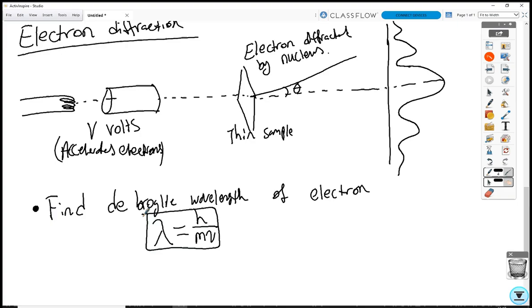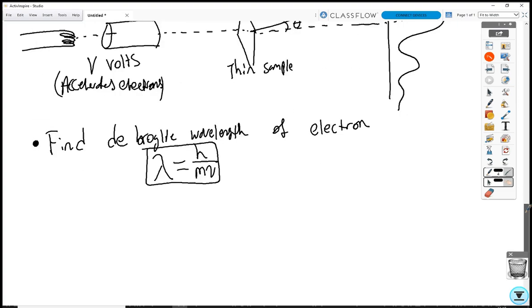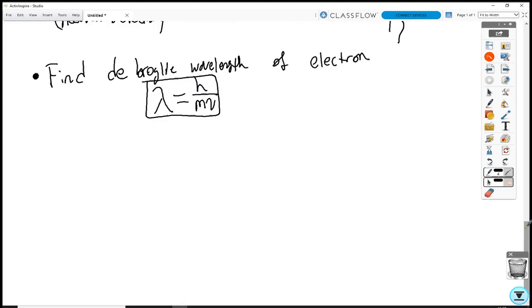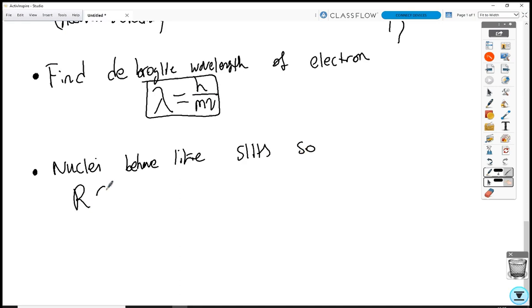So the slits have to be roughly the same as the wavelength. It doesn't mean identical, but they're in the same order of magnitude. So nuclei behave like slits. So R is roughly equal to lambda for diffraction to occur.